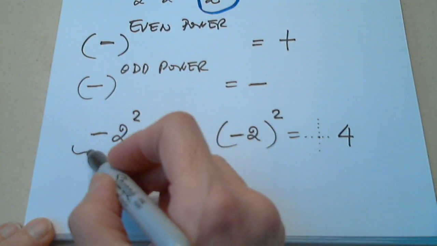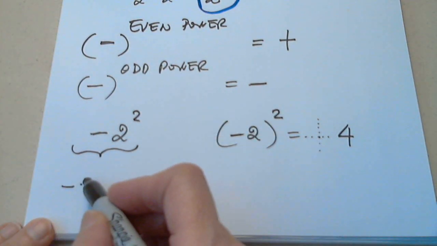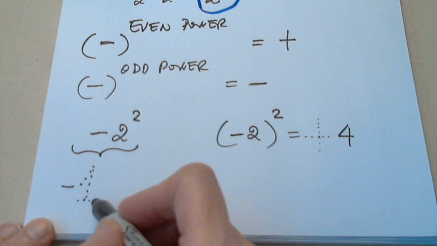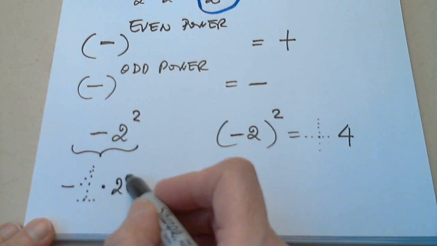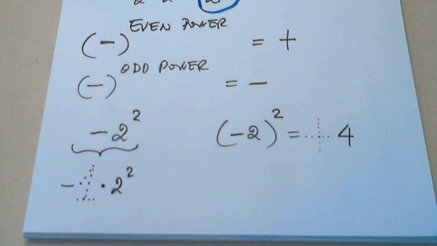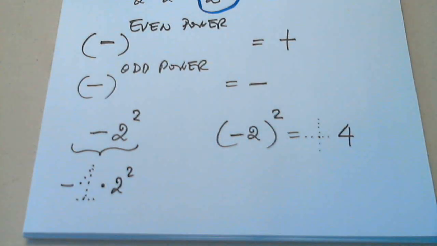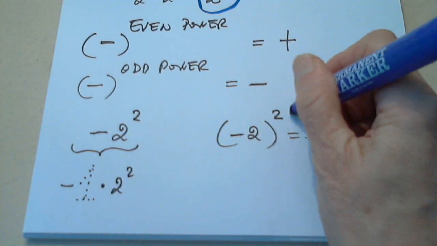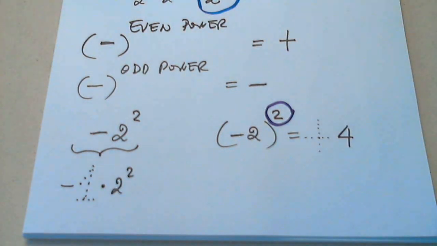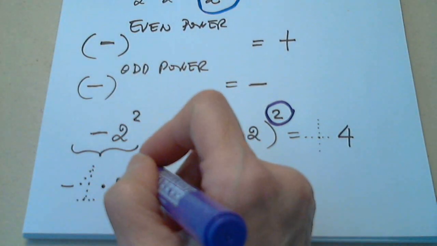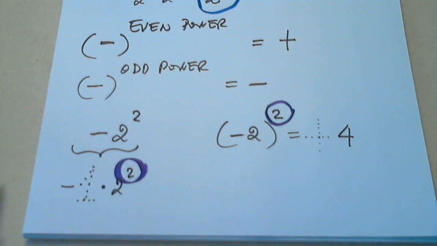This one, however, is a different story. Why? Because this really means negative imaginary 1 multiplied by 2 squared. How come? Well, this negative was under the directorship of 2. This negative is not under the directorship of 2. Has nothing to do with that power.